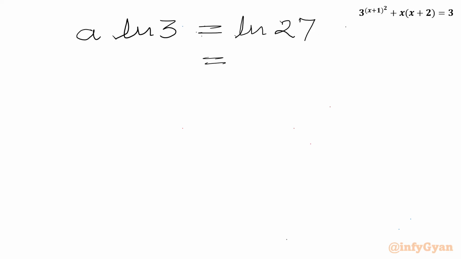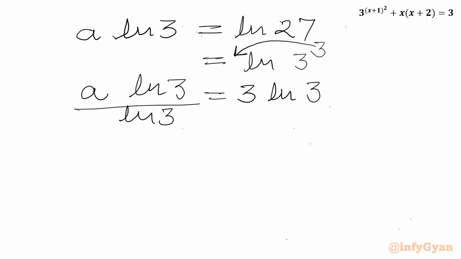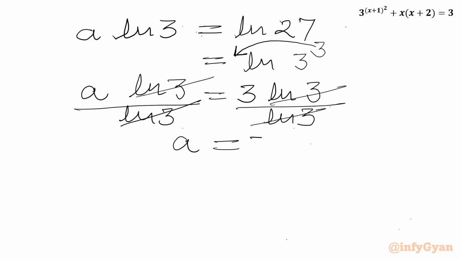Now I can write ln 27 as ln 3 power 3. Using log property, this 3 will come as a multiplier, so 3 ln 3. Left hand side is a ln 3. Let's divide both sides by ln 3, so this will be gone from both sides. We will get a equal to 3.